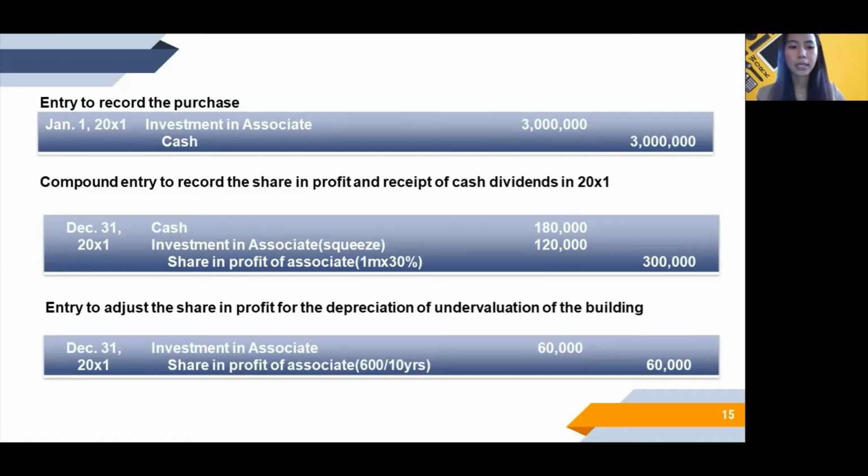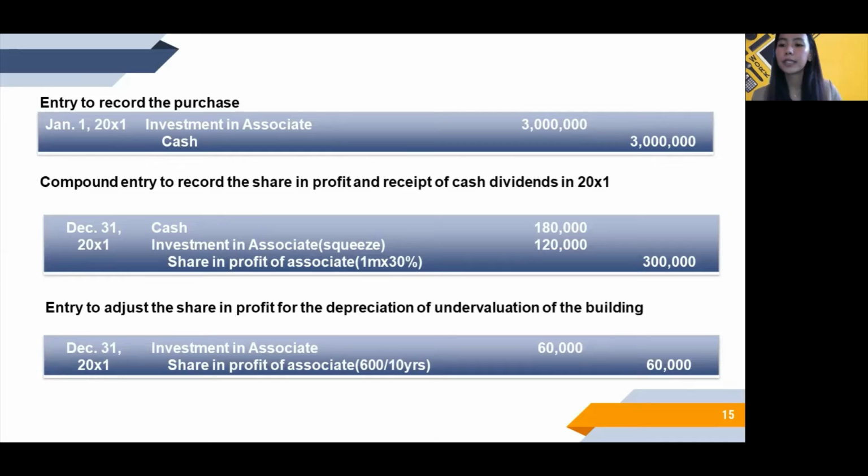Another entry is to adjust the share in profit for the depreciation of the undervaluation of the building. Again, on December 31, 20X1, we debit investment in associate of 60,000 pesos, then credit share in profit of the associate.